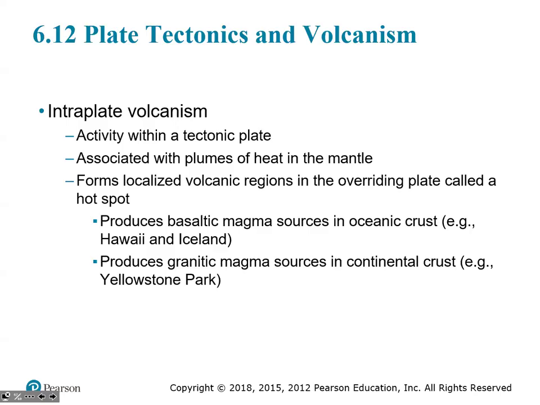They form localized volcanic regions in the overriding plate called hotspots. These produce basaltic magma sources in oceanic crust, like Hawaii or Iceland. They also produce granitic magma sources in continental crust because they're melting the crust, like Yellowstone National Park, which is sitting on another one of these hotspots. I mean, there's no lava coming out of the surface of Yellowstone, but there's all that geothermal activity there.